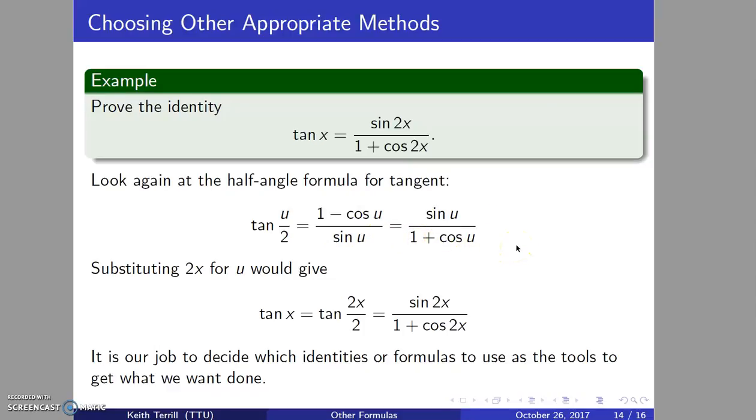Well, wait a minute. If I just take this leftmost side and this rightmost side, and instead of u, I wrote 2x, I would have tangent of x, being tangent of 2x over 2. That's going to be sine of 2x over 1 plus cosine of 2x.